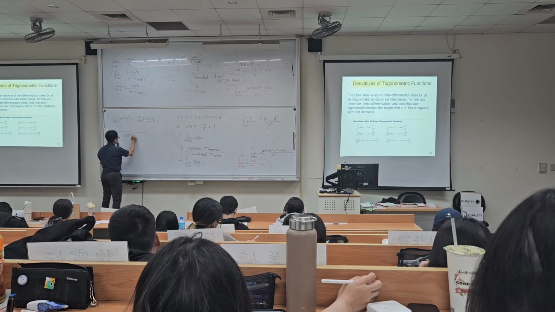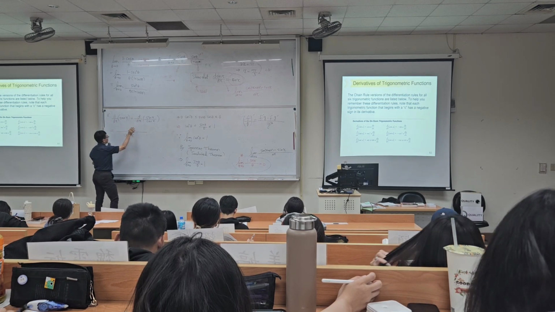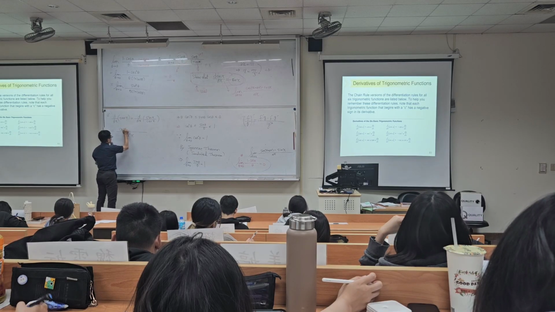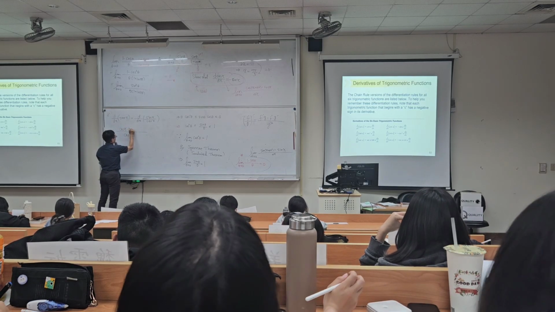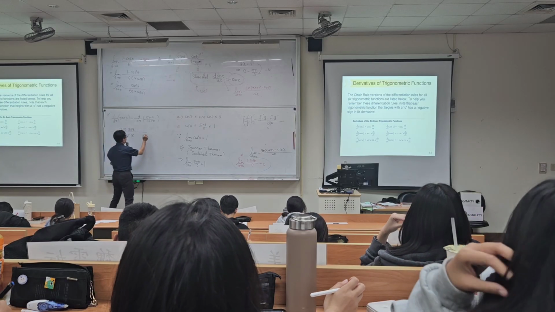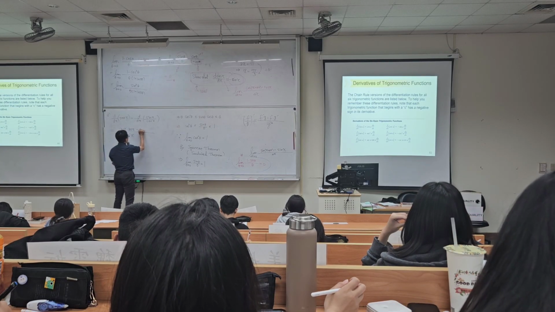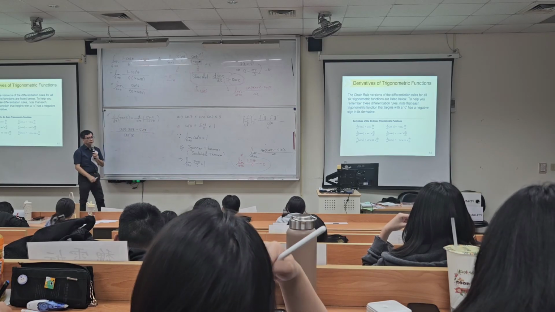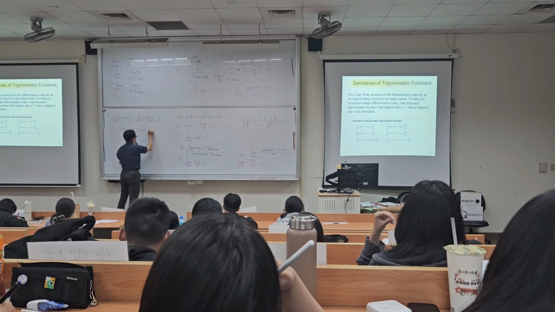cosine square x on the bottom. The derivative of sine x is cosine x multiplied by cosine x. Okay? That's f prime g. And minus f g prime will be minus sine x multiplied by the derivative of cosine x, which is minus sine x.